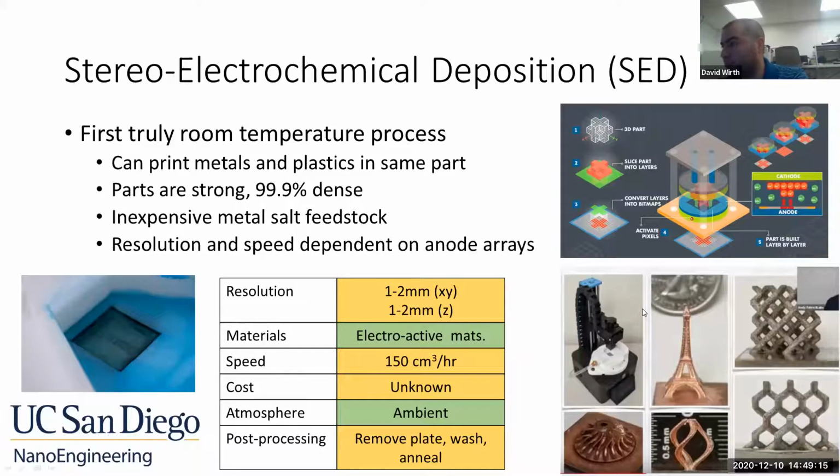With this method, you can get very pure parts because you're essentially electrowinning the metal out of solution. So it's very high purity, very dense metal parts. Really the hard part is making these anode arrays bigger, because this is a MEMS process. You can also print pretty quickly because it's simultaneous deposition pads.